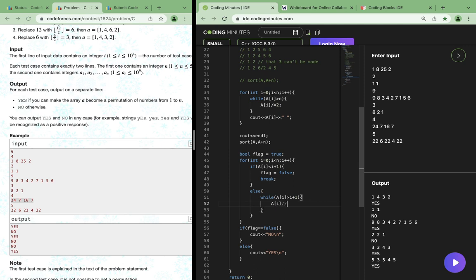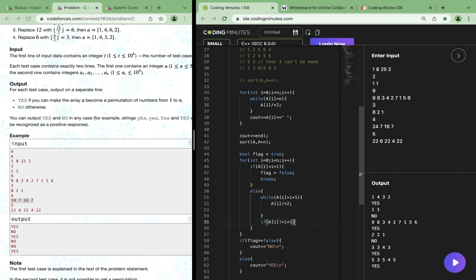So I'm just repeatedly dividing a of i by 2 here, and when it goes below i plus 1, then I just check if that a of i is actually equal to i plus 1. If it is, then we just leave it.